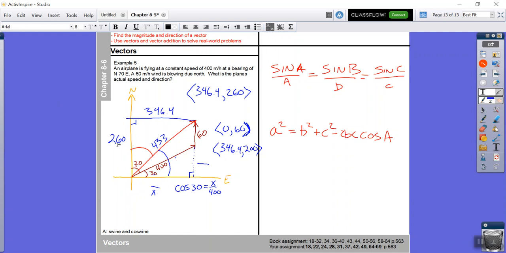So I'm going to do adjacent over hypotenuse, which is cosine.